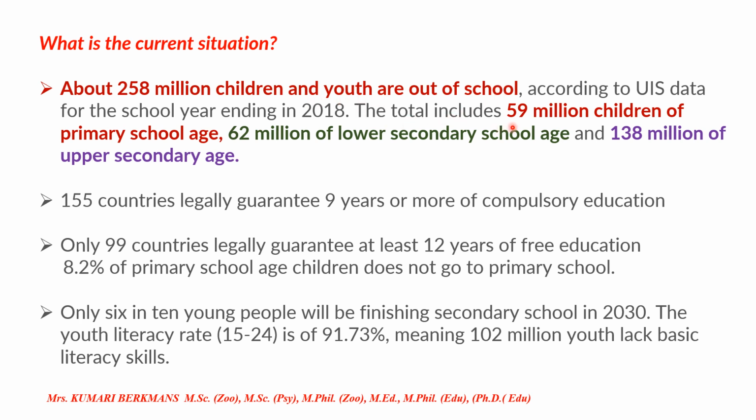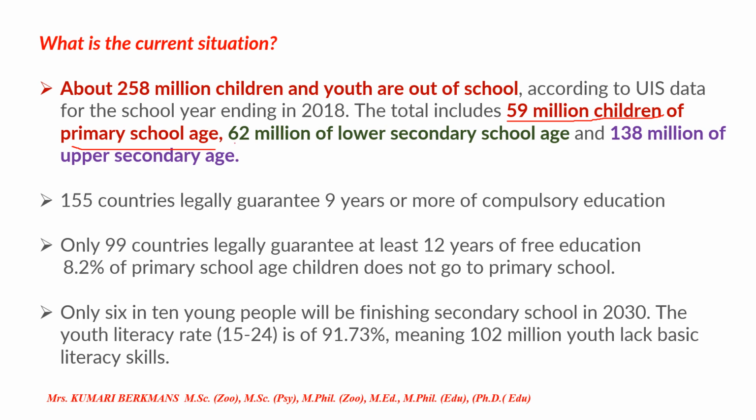The total includes 59 million children of primary school age, 62 million of lower secondary school age, and 138 million of upper secondary age. Among this, this is the division. So how many children? 59 million children of primary school age.